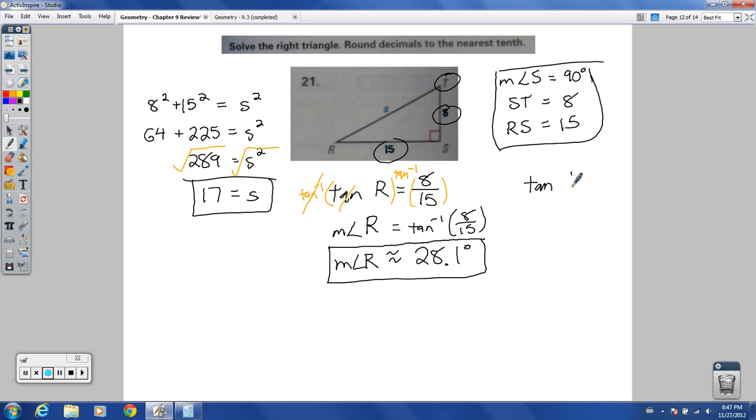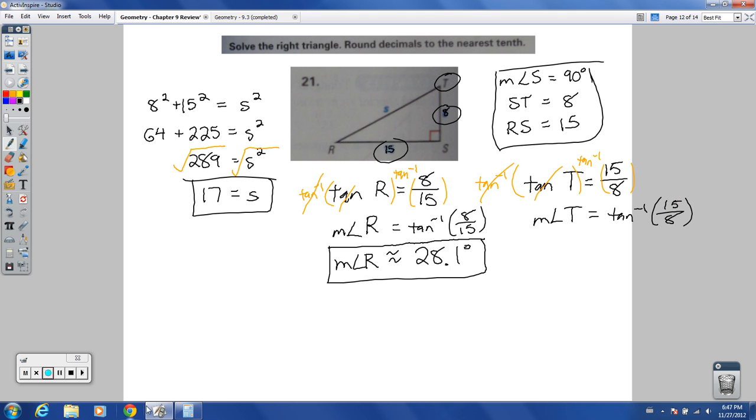So the tangent of T would just be opposite over adjacent, so we just flip-flop the fraction from before, 15 over 8. And now we've got inverse tangent both sides here. You have the measure of angle T now is the inverse tangent of 15 over 8.